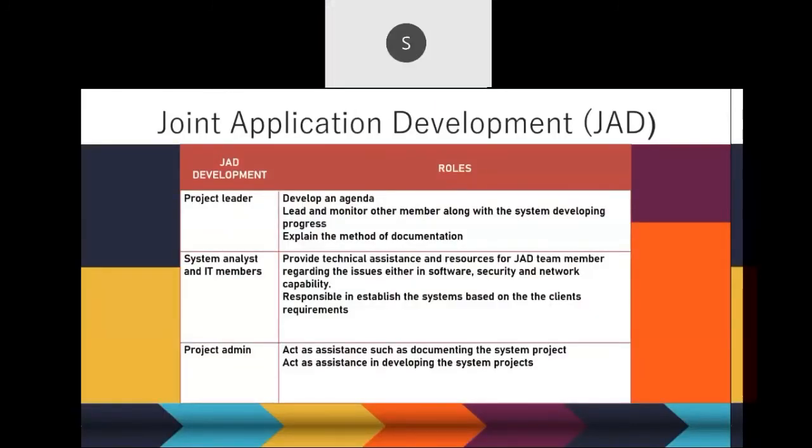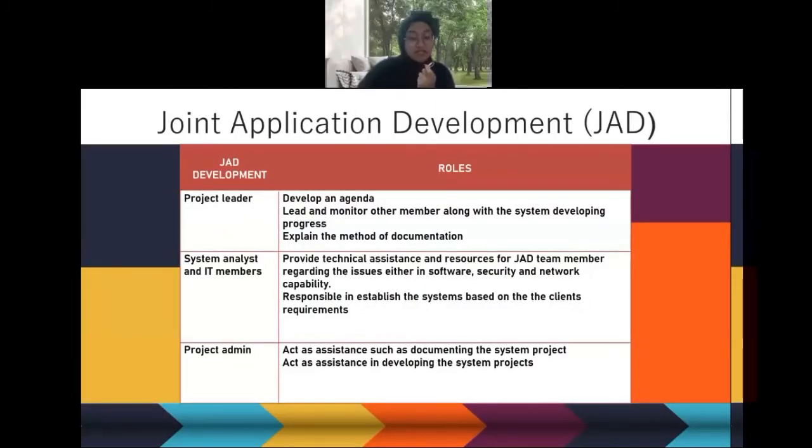Okay, this is the JAD, which is another explanation, but more in detail compared to what my friend explained earlier. So the project leader's role is to develop the agenda, lead and monitor the other members along with the system development progress. And then she also explains the method that will be used in documenting our project.